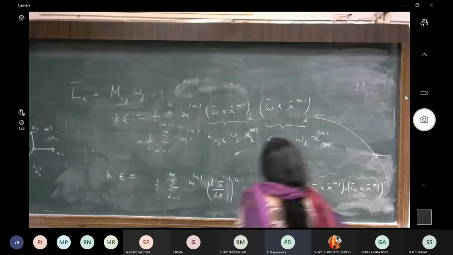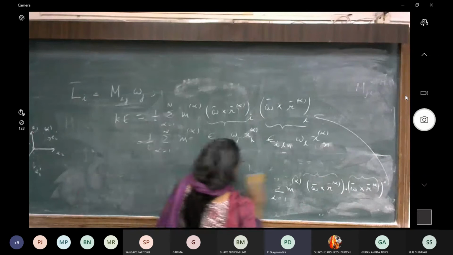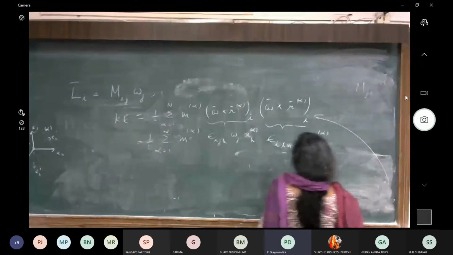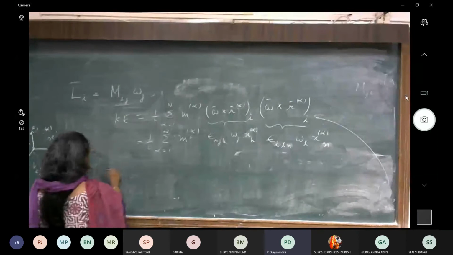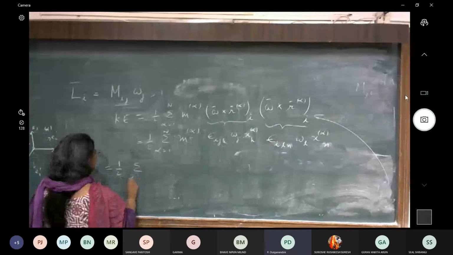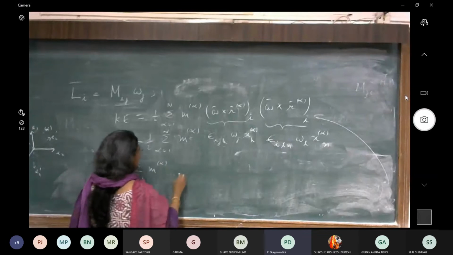But now you can also use the fact that I have epsilon ijk and epsilon imn. So it's a contraction of these two Levi-Civita tensors over the first indices, and we already know the identity there. So I can write this as half sum over alpha equal to 1 to n of m alpha.